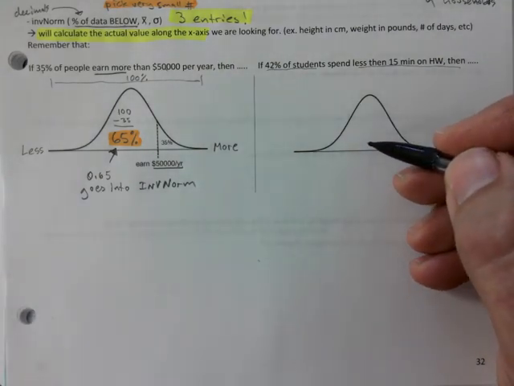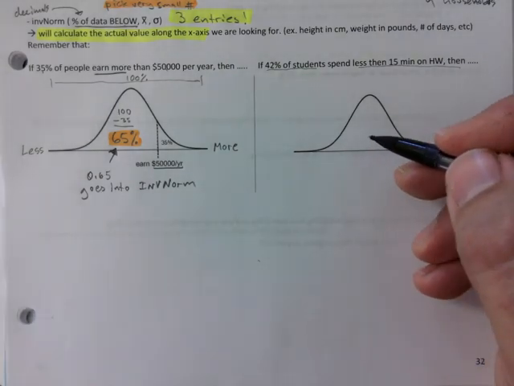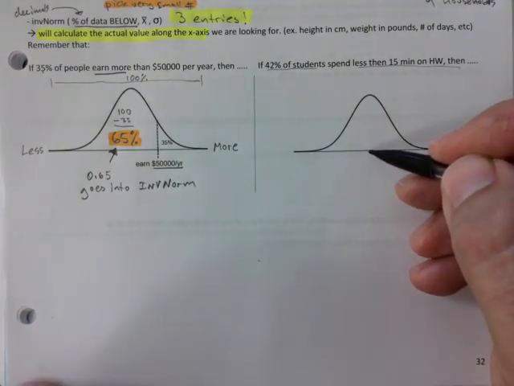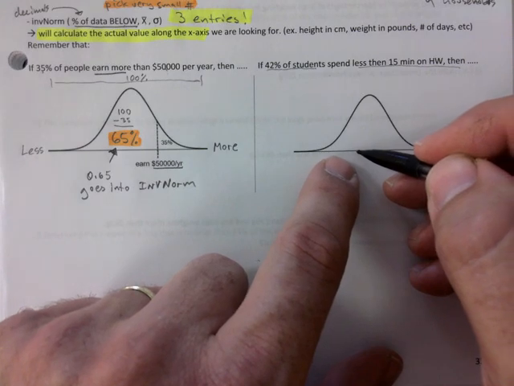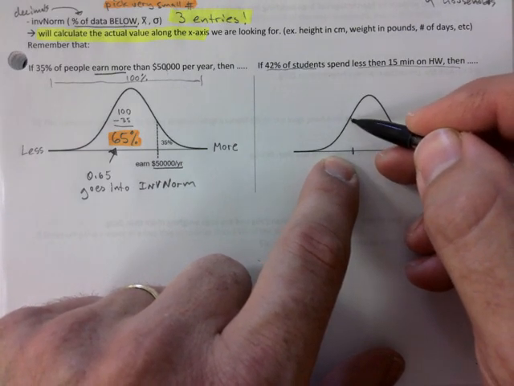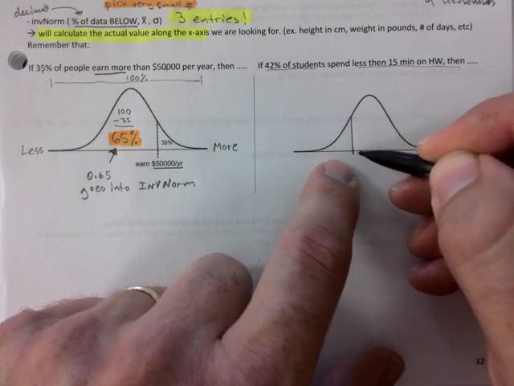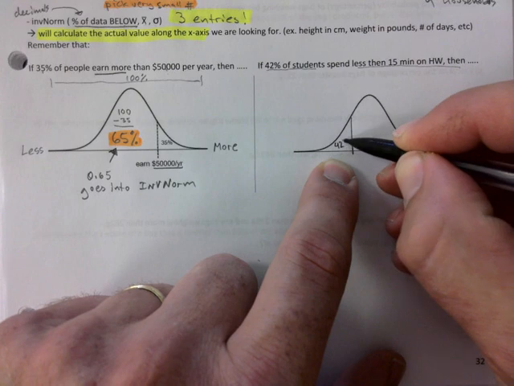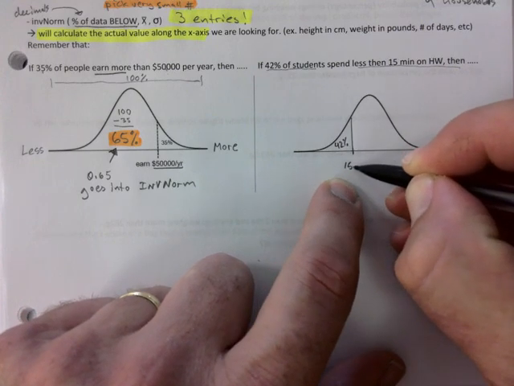If the question said that 50 spend less time, 50 spend more, you would know that would be right down the middle. But you know that you have to make the mark somewhere here. Why is that, Mr. Dirksen? Why did you put it to the left? Because I have 42% spending less than 15 minutes.